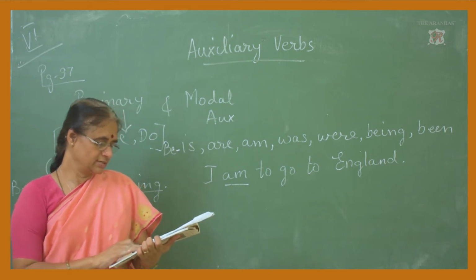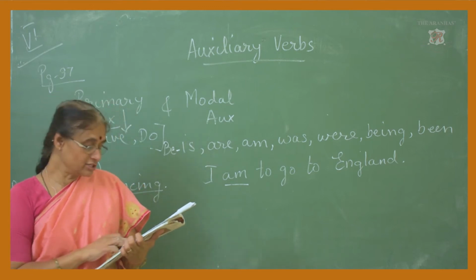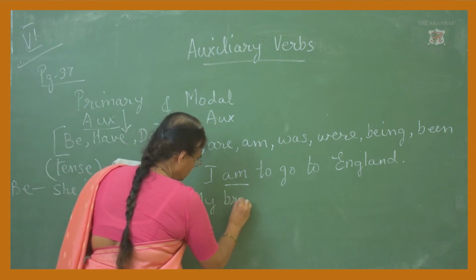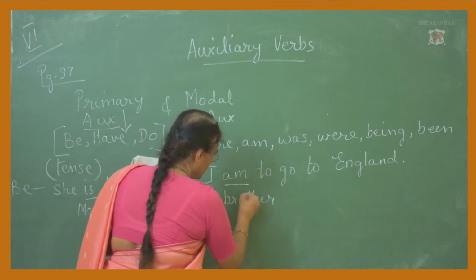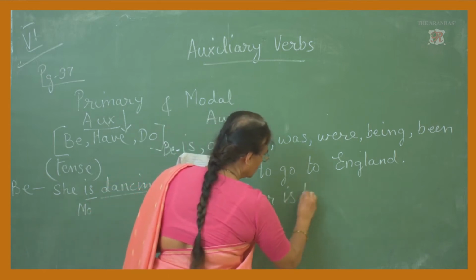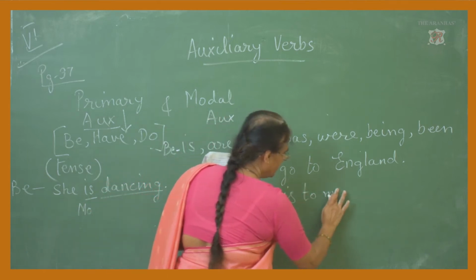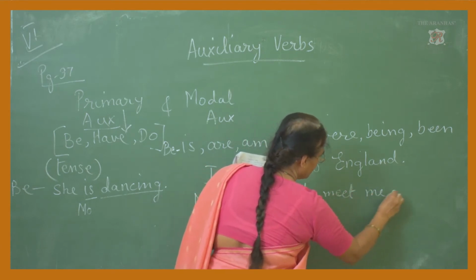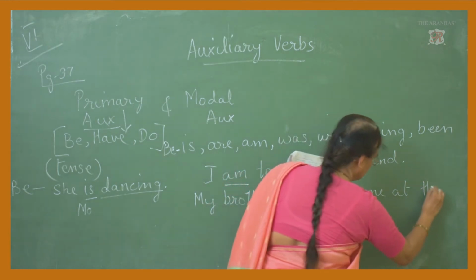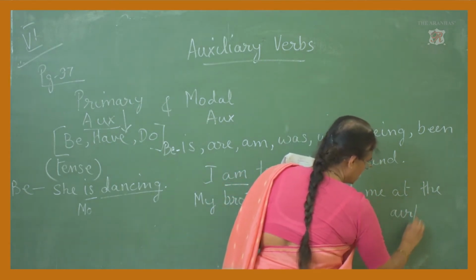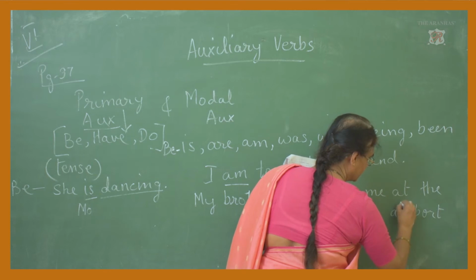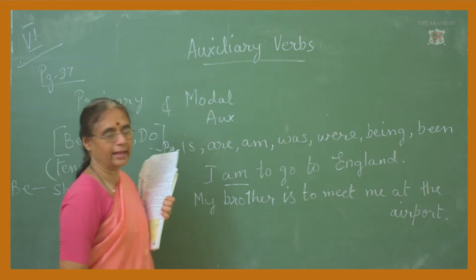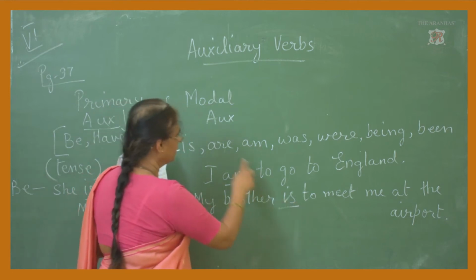Now one more sentence. My brother is to meet me at the airport. So that means you have planned to meet each other where? At airport. So what is used over here?